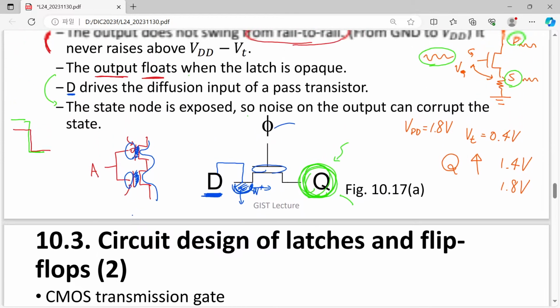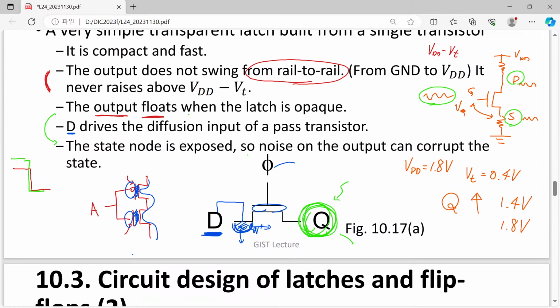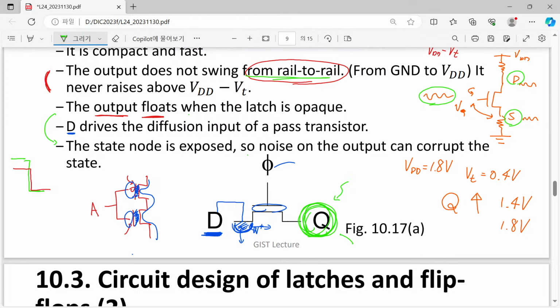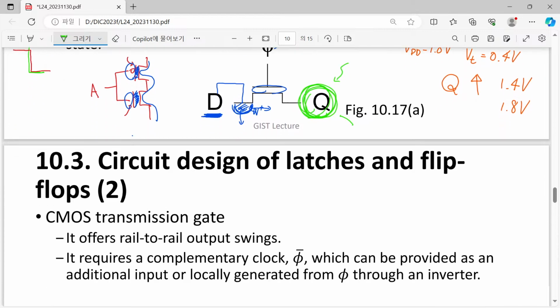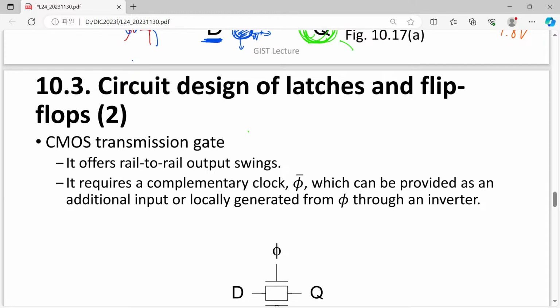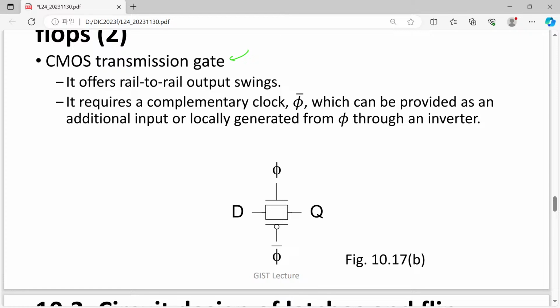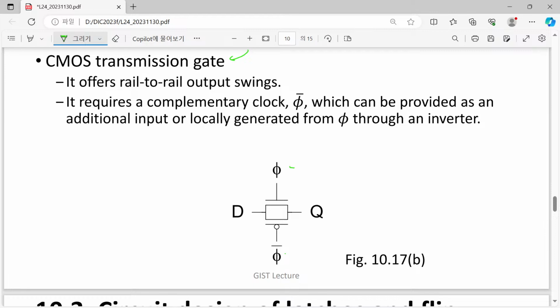So one of the problems, the level problem, for example that we cannot drive our Q value up to VDD, can be easily solved by using a transmission gate. If we use the transmission gate and have a signal equal to 1, we cannot drive our value up to 1 by using the N MOSFET.